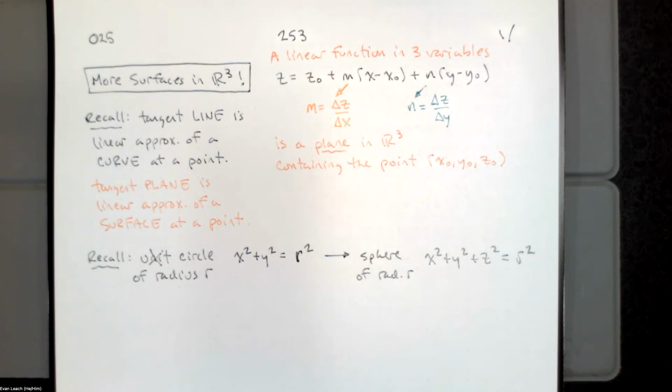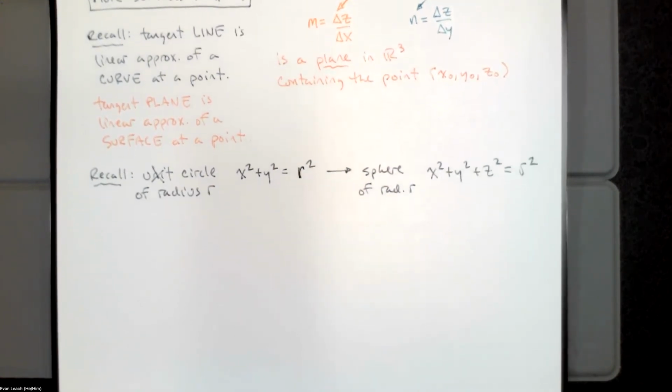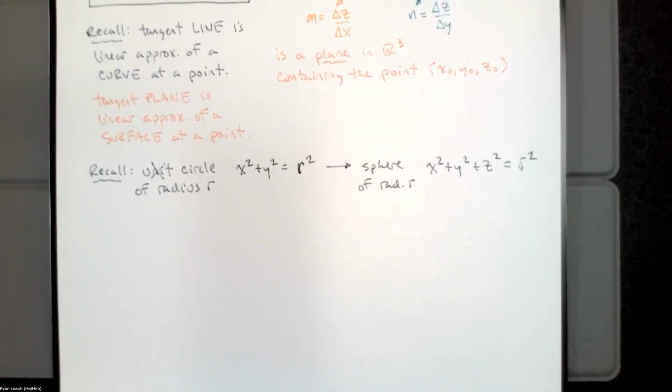By doing the same form in the equation, x squared plus y squared equals r squared, x squared plus y squared plus z squared equals r squared, which is included in the same way. We just want to grab some more things that we can recognize.